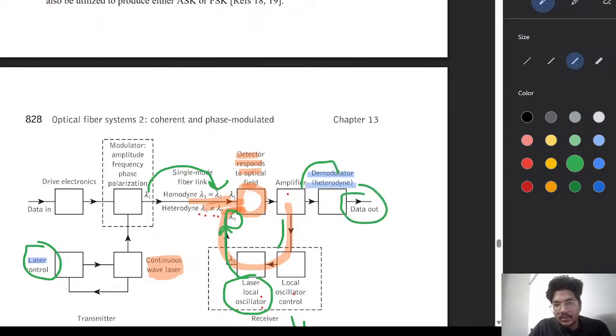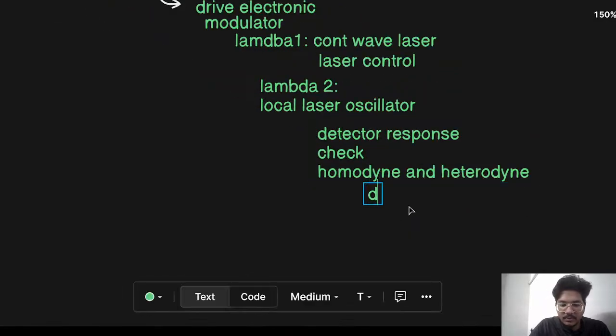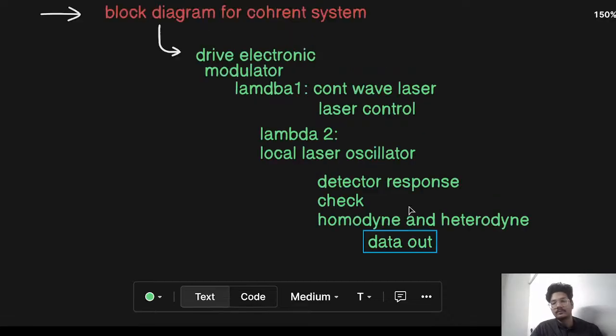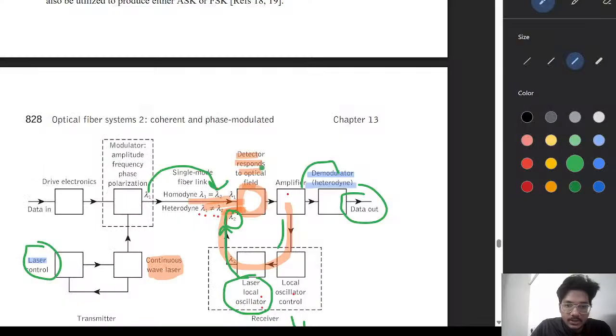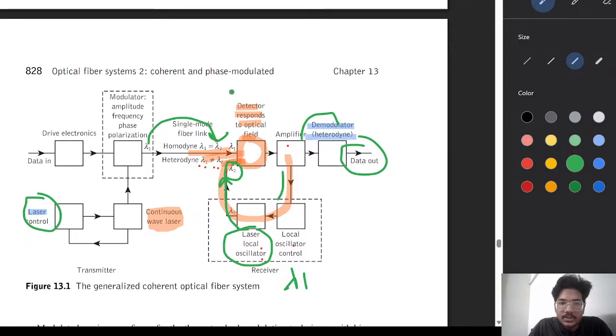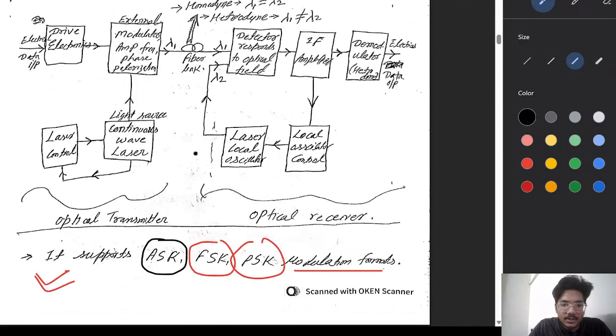Then it returns the data output. So this is the block diagram, in which we see data in, electronic devices, and modulators produce lambda 1 through the continuous wave on the transmission side. On the receiver side, the amplifier responds and the data is output as expected.